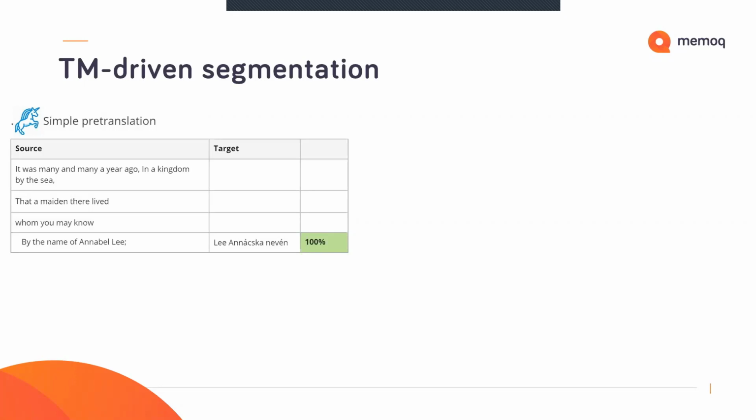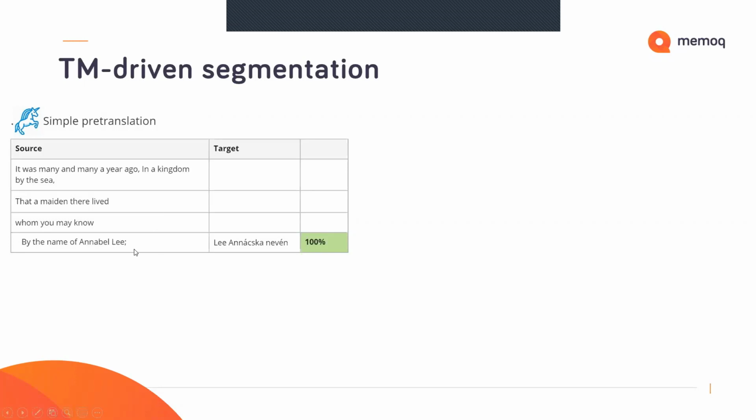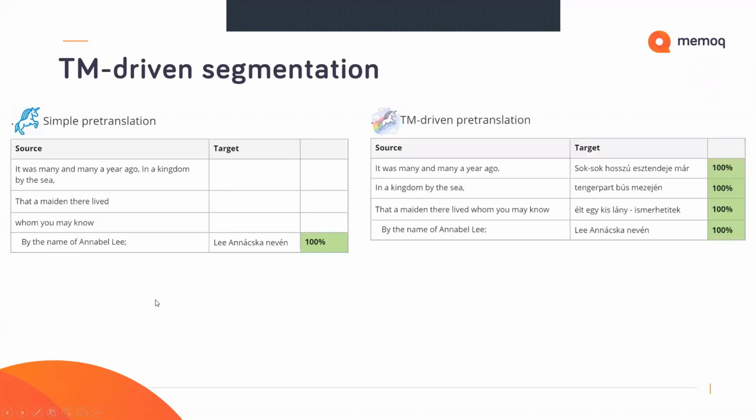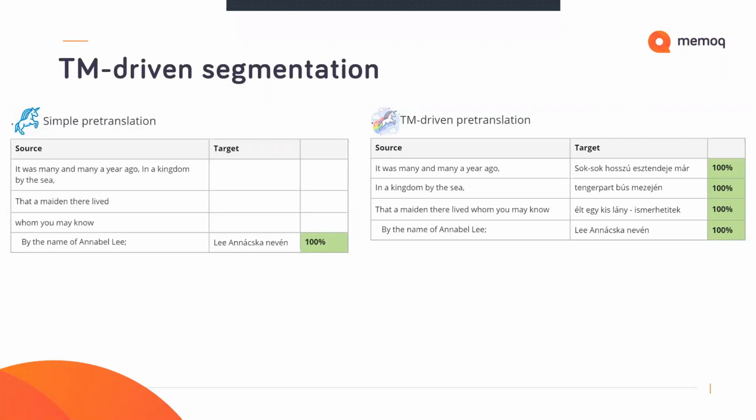So if you turn on TM-driven segmentation, then memoQ, after checking whether it has hits for the actual segments, will also try to split and join segments to see if it finds better hits that way. So in this case, it managed to find the proper line endings, and this way find the good translation for them that was already in the TM.